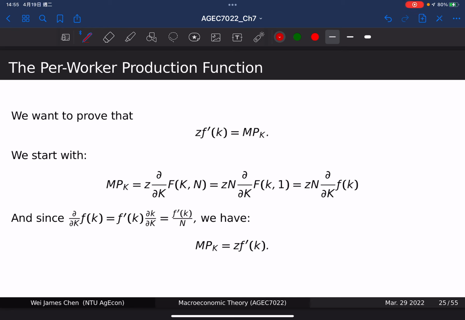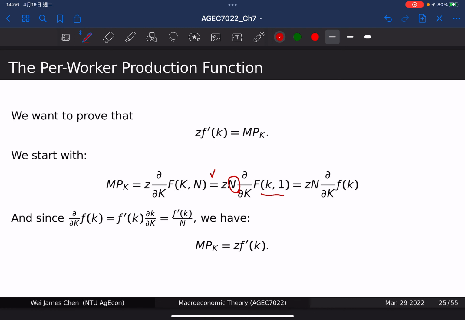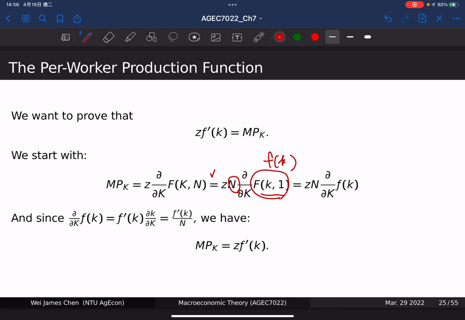Since this F function is constant returns to scale, I can take the capital N out. That's this step. I take the N out, and here it becomes F(K/N, 1). And then I define this as f of lowercase k, right? So in this step, I just replace this with this.